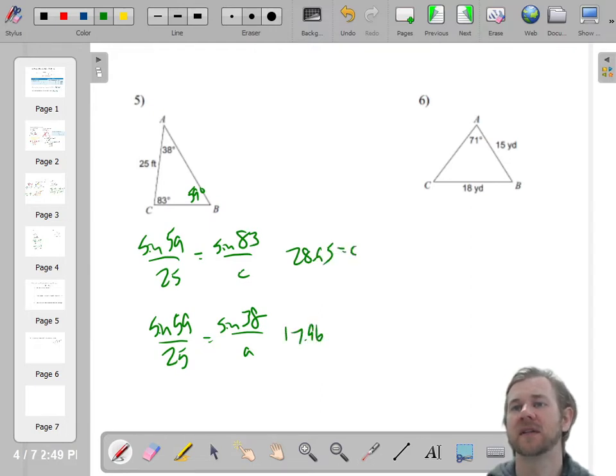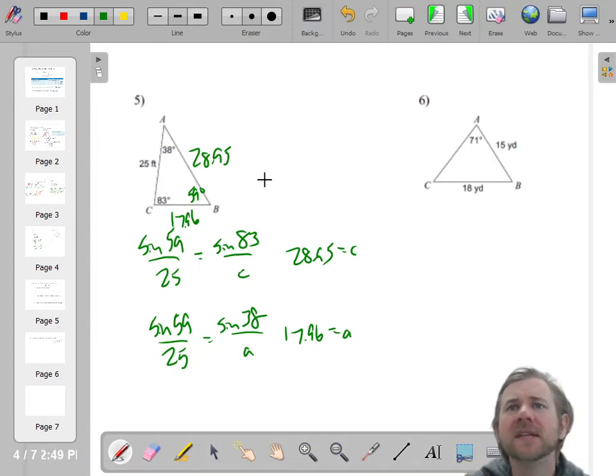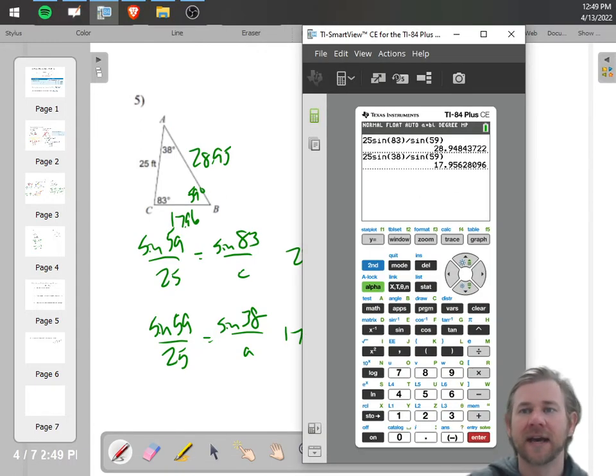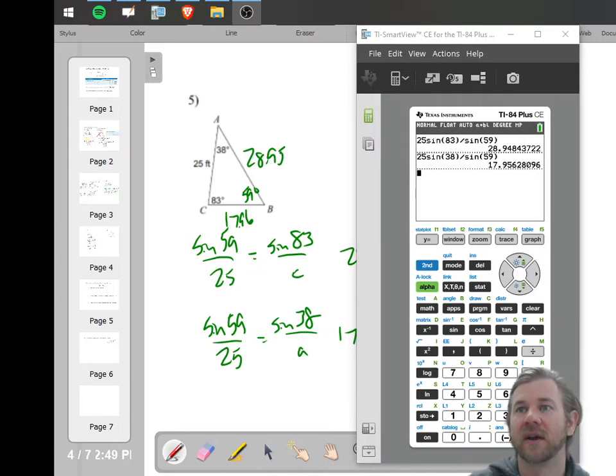So that's little c, that's little a. Does that make sense, at least as far as can I draw that triangle? Is the biggest angle across from the biggest side? Yes. And the smallest, yep, good. So as long as you check that, that's usually a good sign you're doing things right.